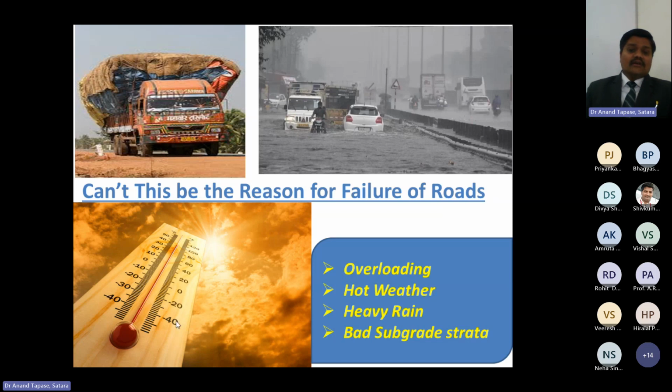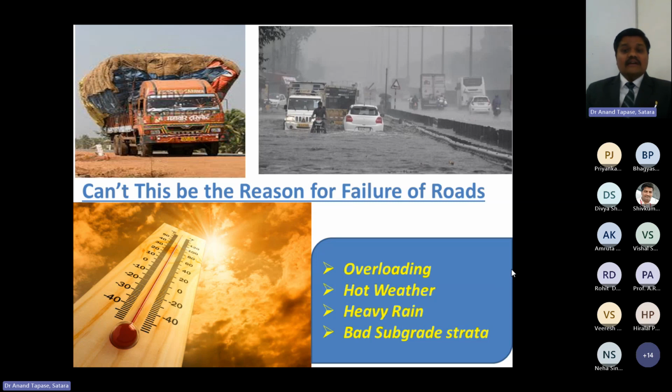But due to the hot weather, due to the cycles of climate, due to heavy rain, and due to bad subgrade strata, failure may take place. In the year 2018-2019, we witnessed heavy rainfall such as we have not witnessed in the history of the last 4-5 decades.